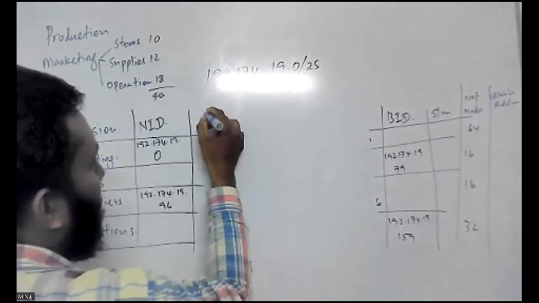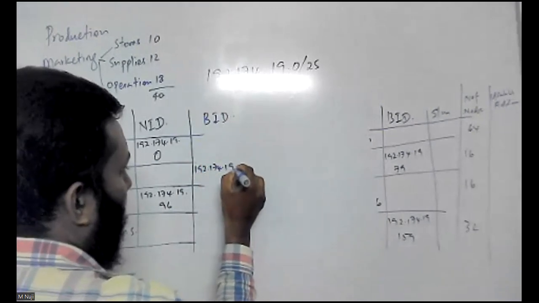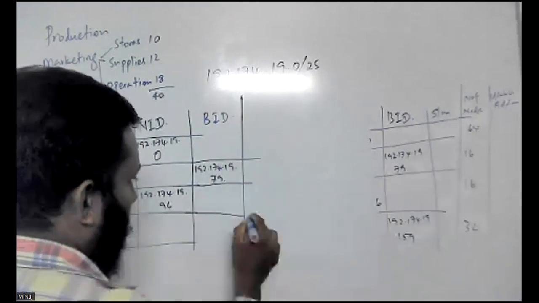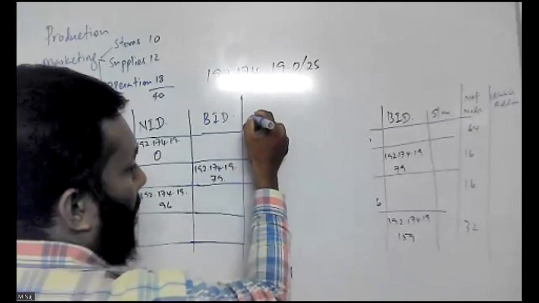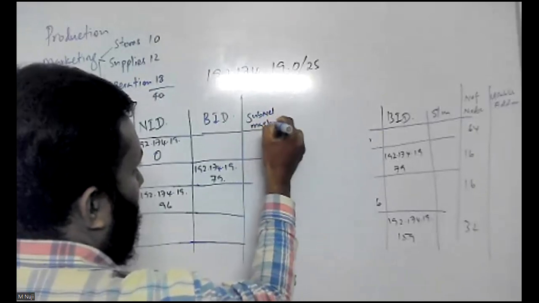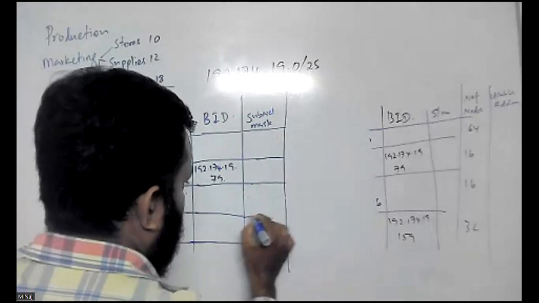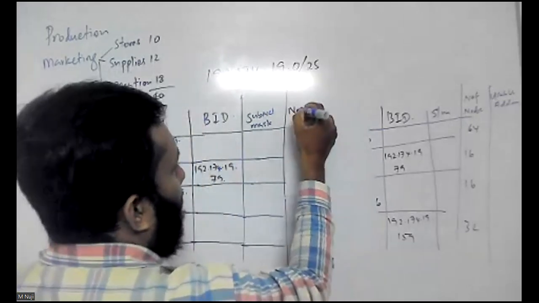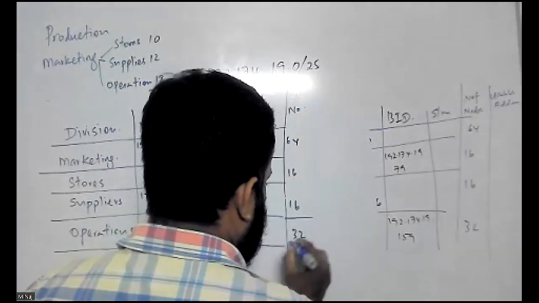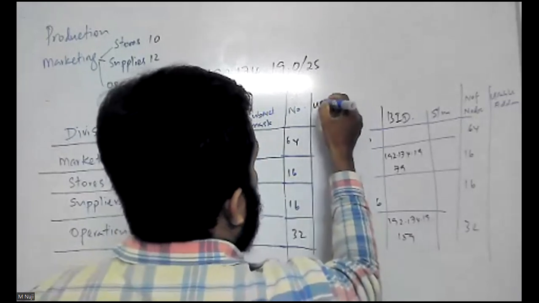Next, broadcast ID 192.174.19.79. Subnet mask, and the number of nodes: 64, 16, 16, 32. And your usable address.